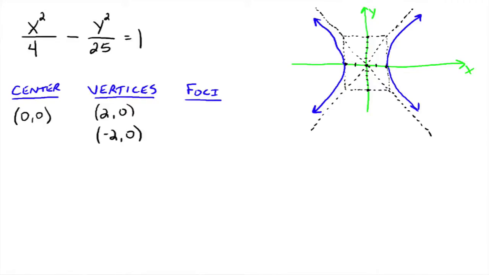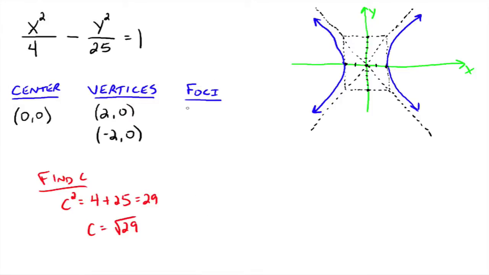Now let's find the foci. In order to find the foci, we want to find c. So c squared is equal to a squared plus b squared. That would be 4 plus 25, which is 29. So c is equal to the square root of 29. Everybody see that?